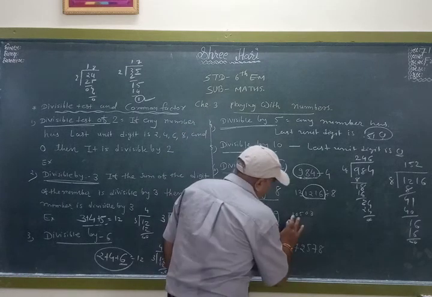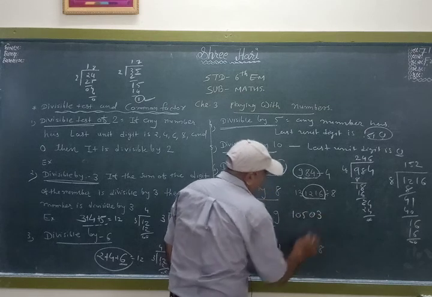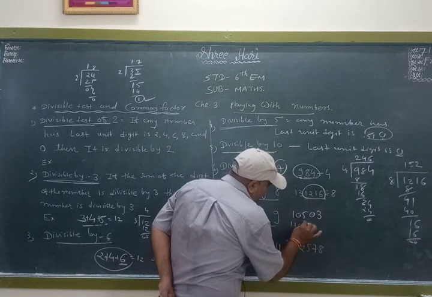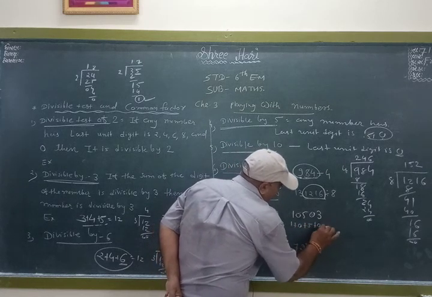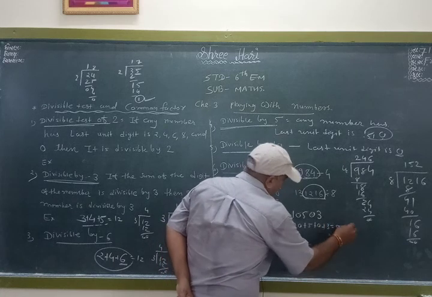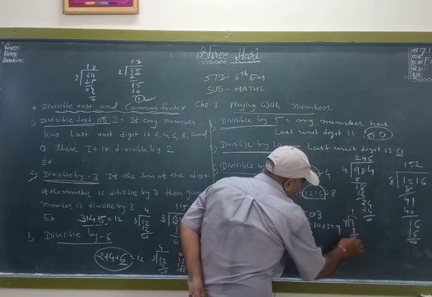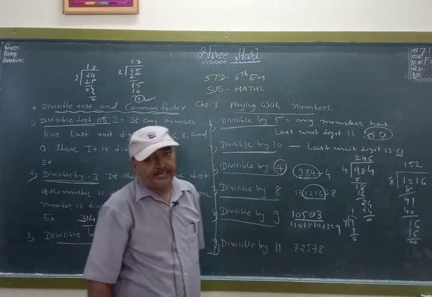Suppose we have a number 10503. The total of 1 plus 0 plus 5 plus 3 is equal to 9. So we can divide 9 by 9, 9 1s are 9, remainder 0. So this whole number is also divisible by 9.